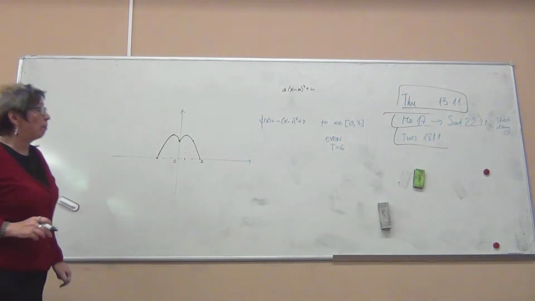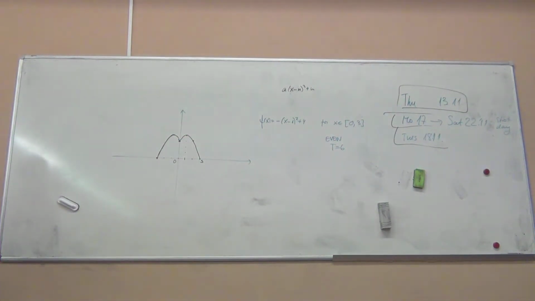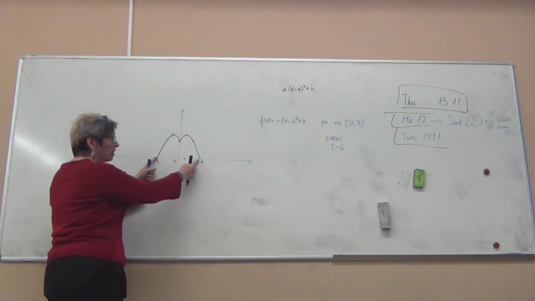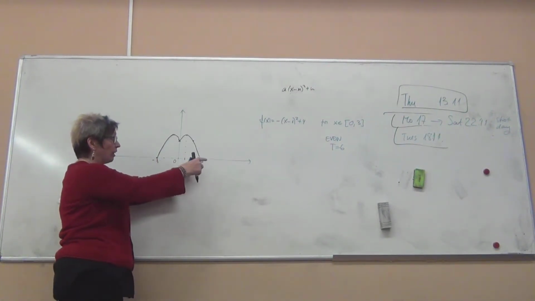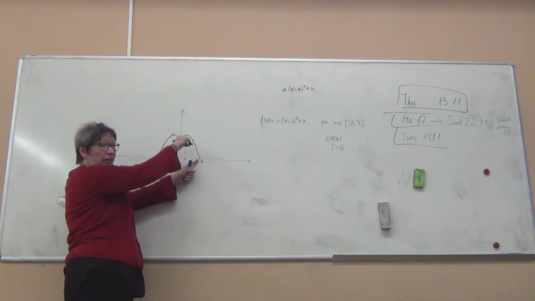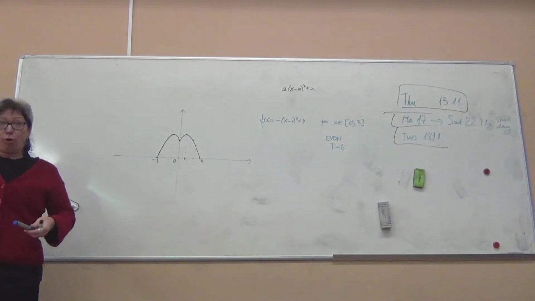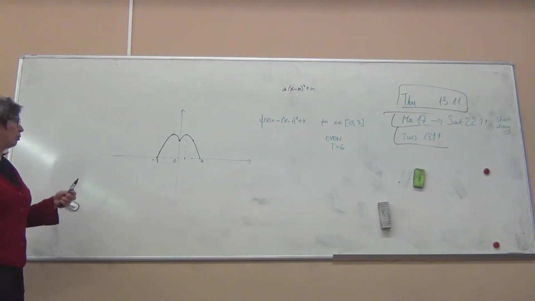And now the period is 6, which means that every 6 units the graph repeats itself. This is exactly 6 units long, which means that at this point it starts again like this.